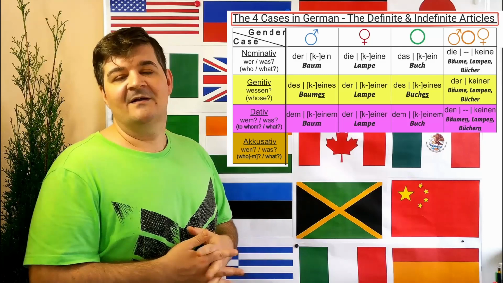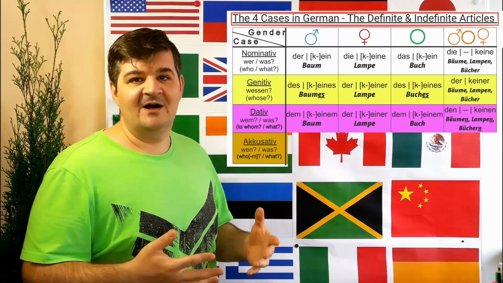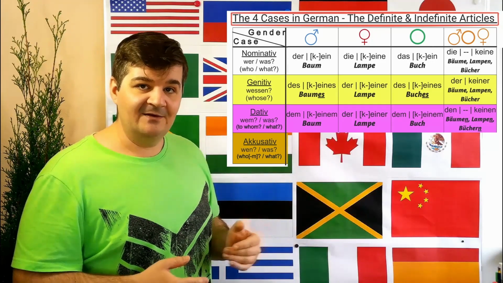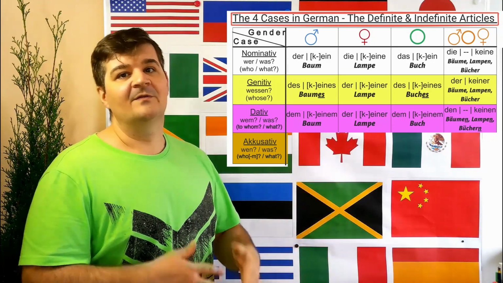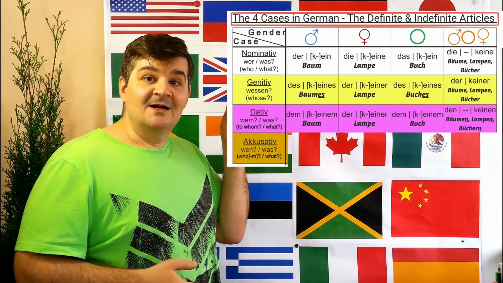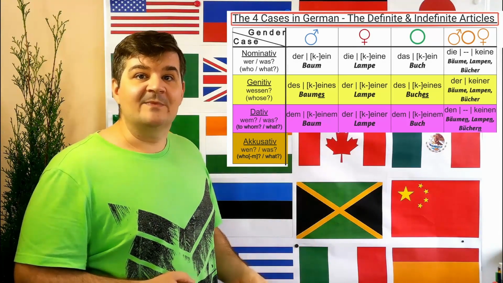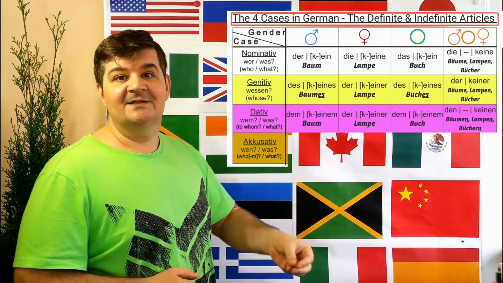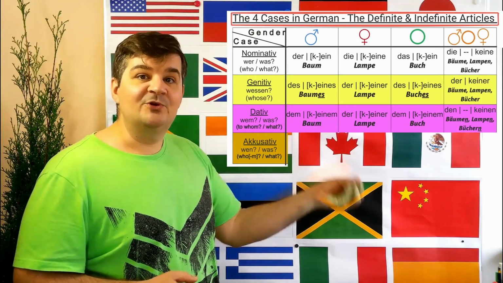Again, I repeat, the indefinite article ein does not exist in plural, but what we can do is the opposite form, none of those things. So again, keinen Bäumen, keinen Lampen, and keinen Büchern.